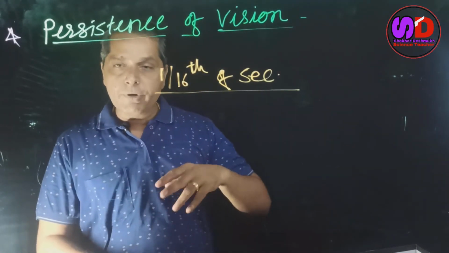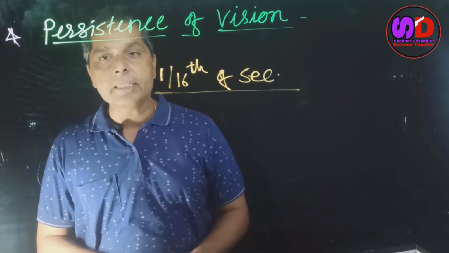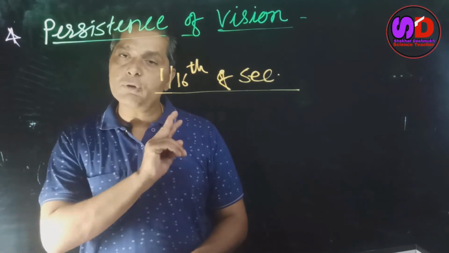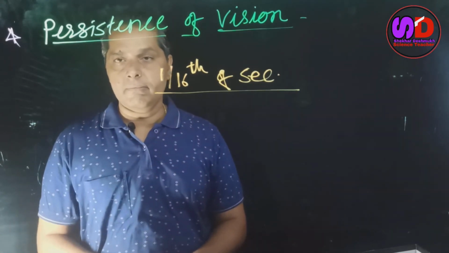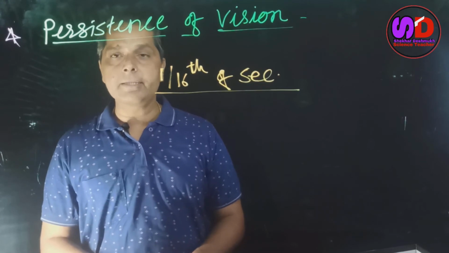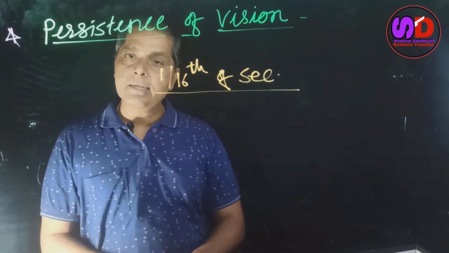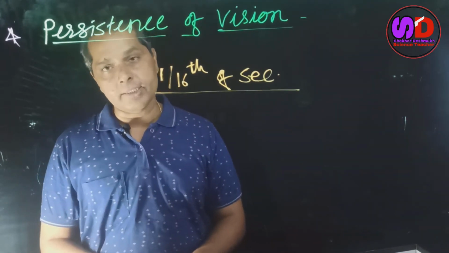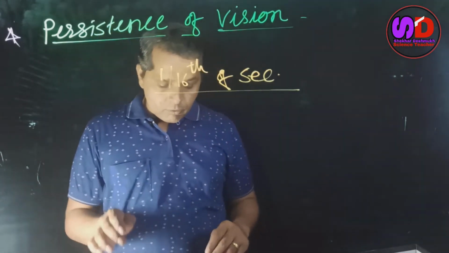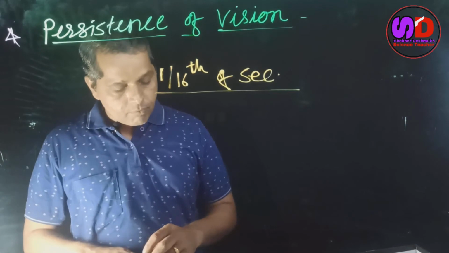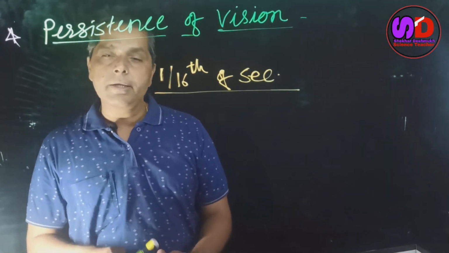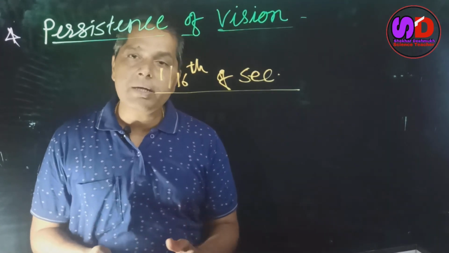Actually, we discussed in the last session that there are two types of cells on our retina, that is cone cells and rod cells. So how does our brain perceive different colors?